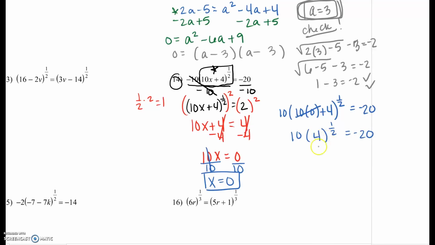So half of 4 is 2, so I have negative 10 times 2 equals negative 20. I don't know where my negative 10 went there, sorry about that. That should be 2. So negative 10 times 2 is negative 20. So negative 20 equals negative 20. So that works, and my answer is indeed x equals 0.